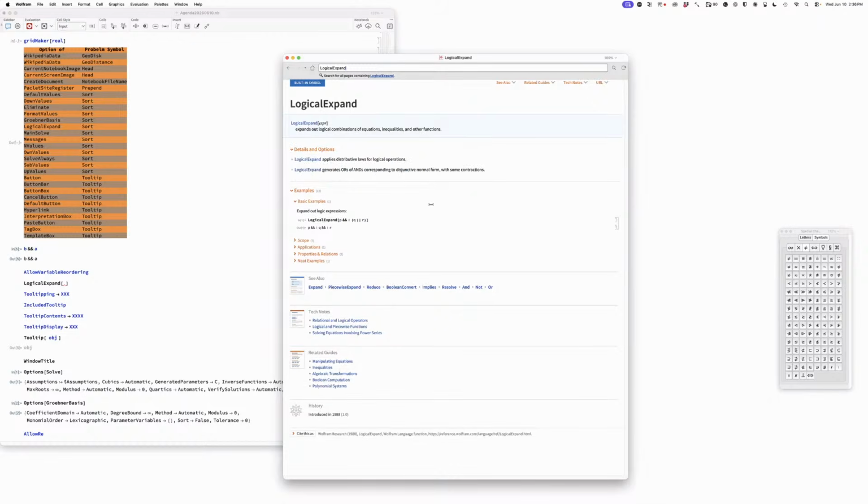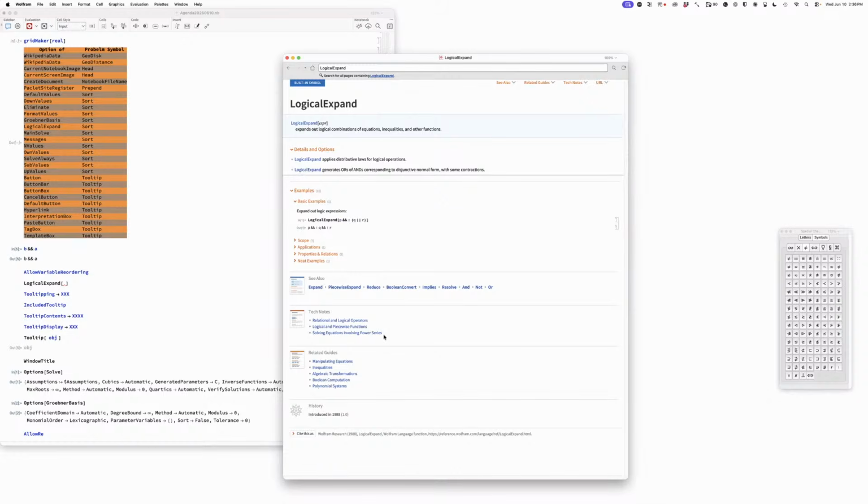This is a very, very old function, and it's undocumented. It's been undocumented for nearly 40 years. So maybe we just don't worry about it. Yeah, let's not worry about it.